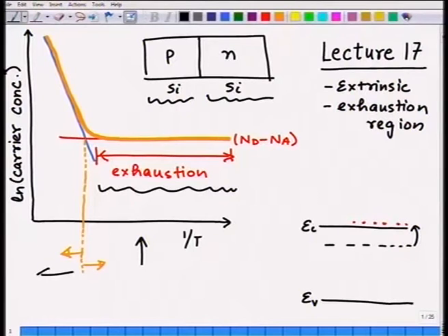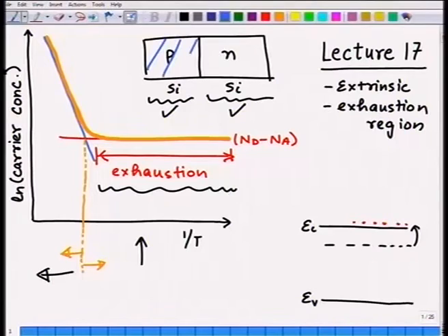But if you keep heating it up and the temperature goes really high, beyond this temperature, that means you are into this region now, then this semiconductor is also going to behave like intrinsic, and this semiconductor is also going to behave like intrinsic, meaning thereby that since both are silicon, the junction property will be lost. It will behave as if it is one big piece of silicon all over, and hence this device will stop functioning.